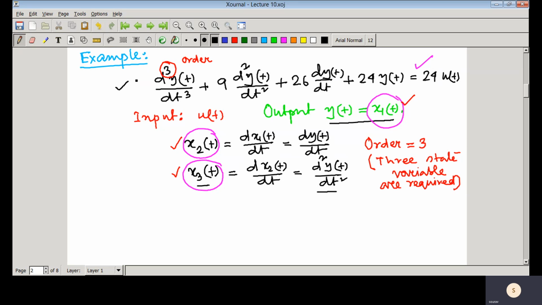Then for this particular dynamical equation, I can write x3 dot, that means dx3/dt, which is nothing but d3y/dt3, which is this term and that term, they are same.